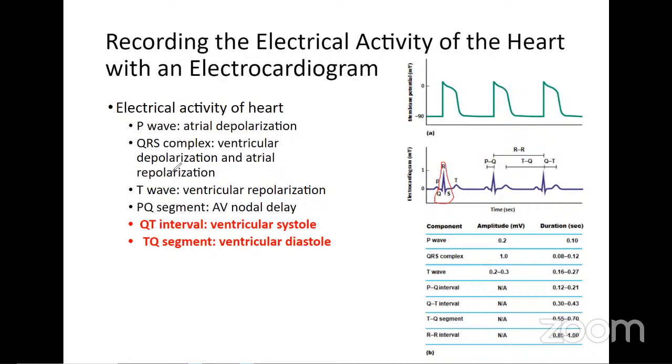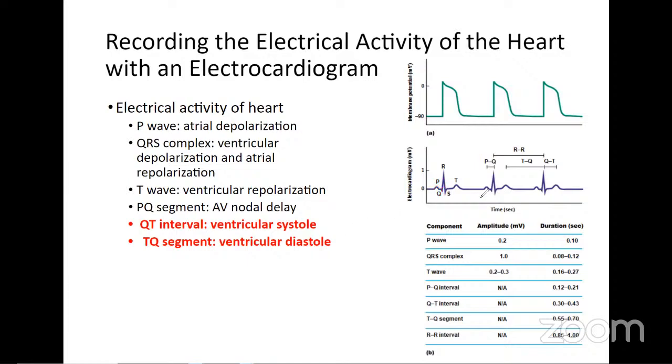And then we have the ventricles depolarize, right? So we had a little peak for atrial depolarization. We can think of this big peak as ventricular depolarization, and the little dip here as having to do with that peak from the atria going back down before the ventricles actually depolarize themselves.